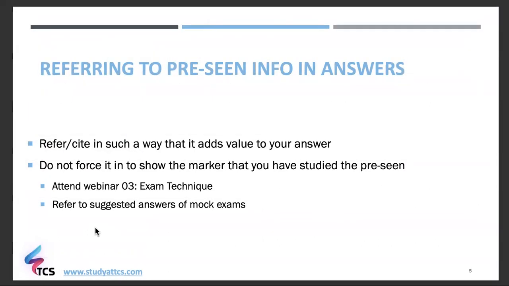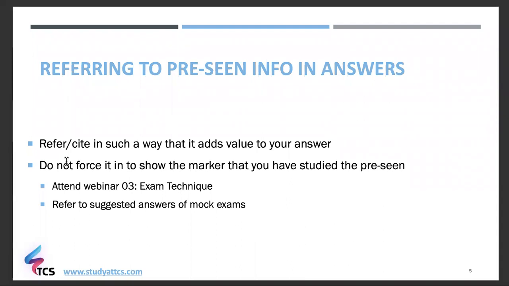Then how are you supposed to refer to Preseen information in your answers? I told you earlier that as a finance manager, you need to bring in information from the Preseen. So how are you supposed to do it? You have to refer or cite in such a way that it adds value to your answer. There's absolutely no point in bringing in general information from the Preseen if it is not relevant to the scenario which is presented in the question.